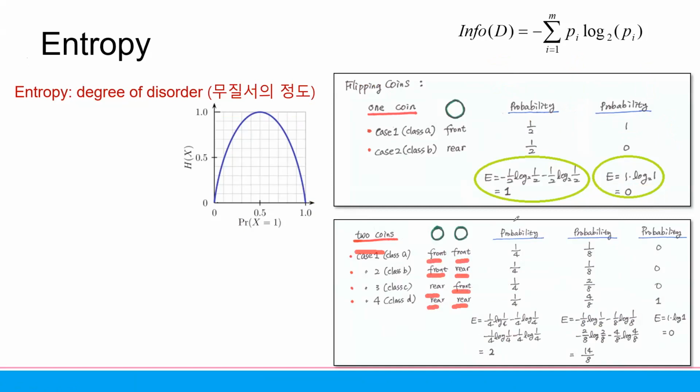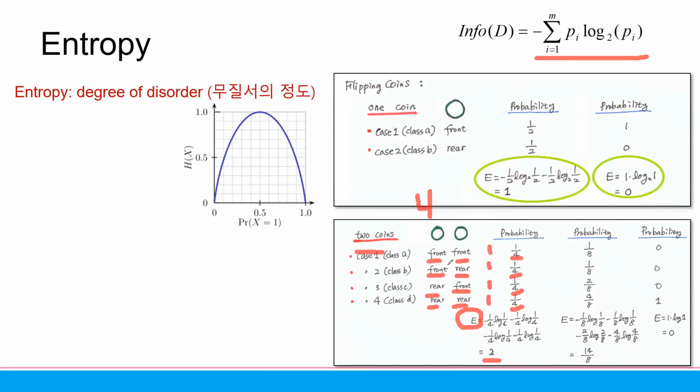Let's say I want to toss the coin 4 times, and each of these happens 1 time, then the probability will be equal. Okay? 1 divided by 4, 1 divided by 4, 1 divided by 4, 1 divided by 4. Then we can make the entropy value with this function. So the entropy is 2.